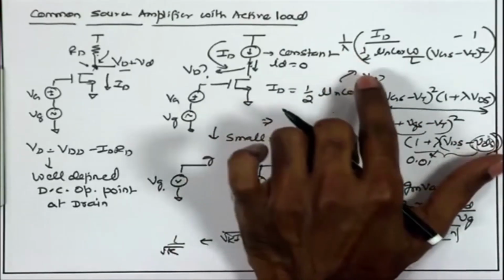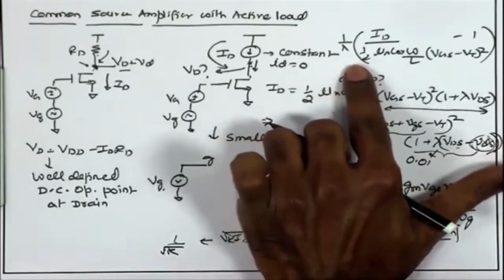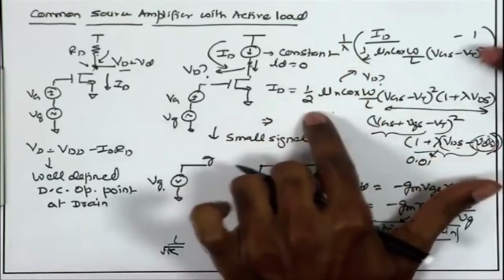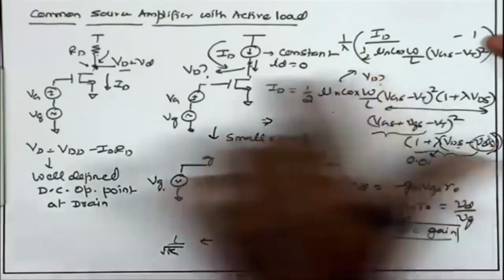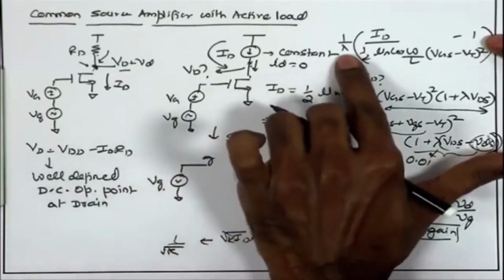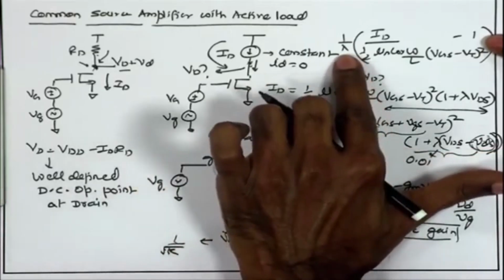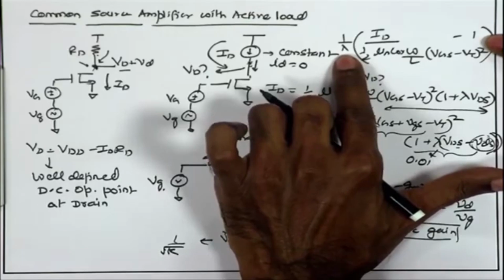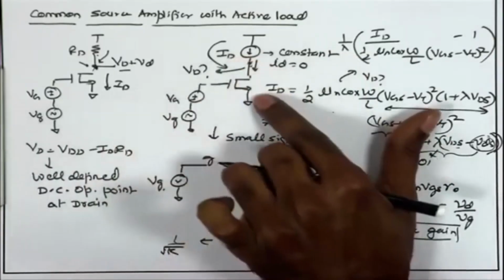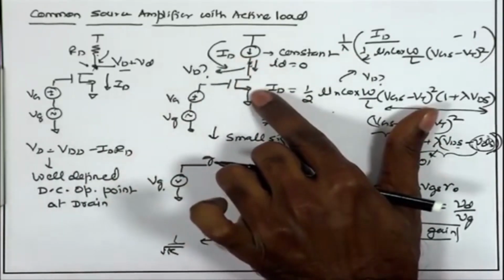It can vary a lot from device to device on a single chip, and as a result this is not a very well defined Vd. Vd as a result can vary a lot. Some device can have lambda of 0.01, some other device can have a lambda of 0.03. So, Vd can have 100 to 200% variation, and as a result we are not sure whether the transistor over here is going to be in saturation region.